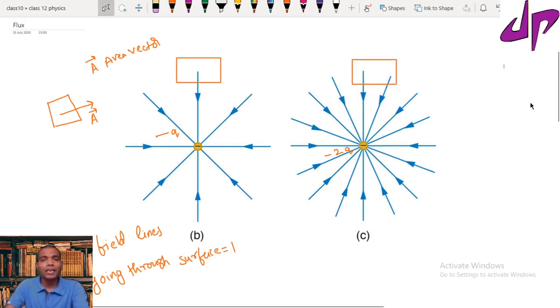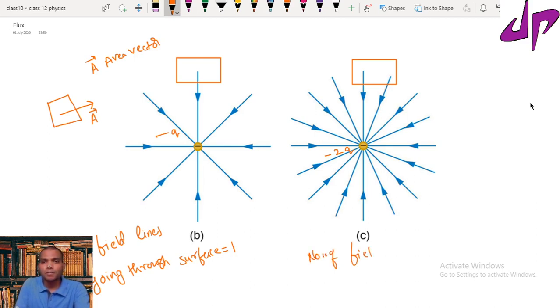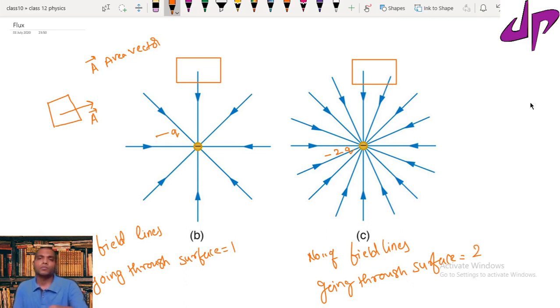Now the surface area is the same, the area does not change, but if you bring it to another charge setup which has more electric field lines, now the number of field lines going through the surface equals, in this case how many field lines are going? 1 and 2. In this case the number of field lines going is 2.